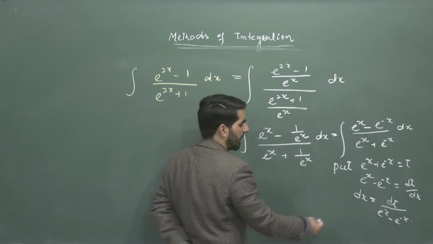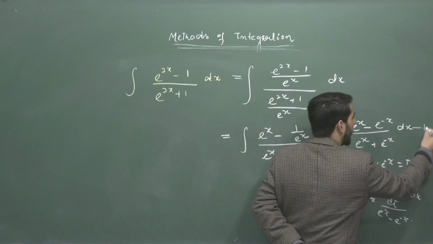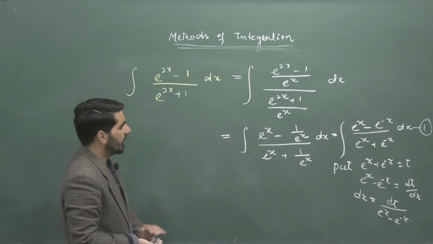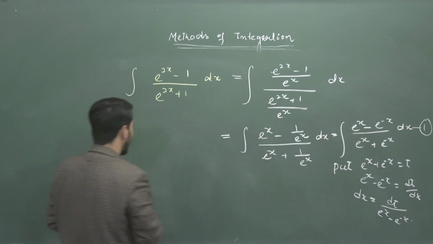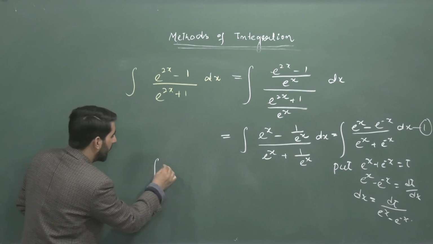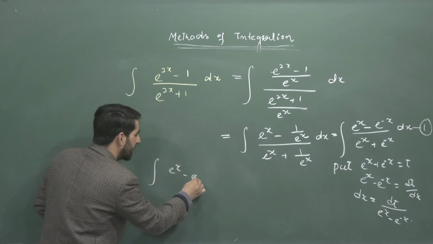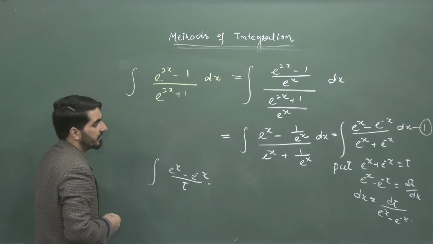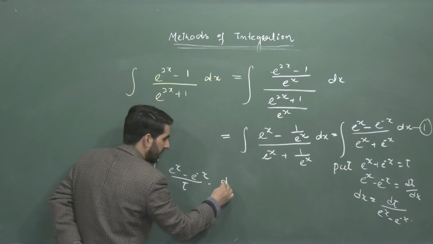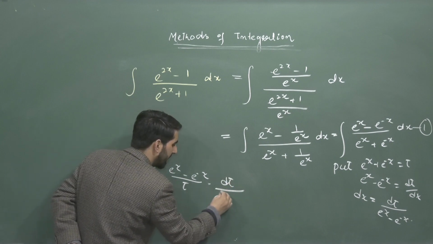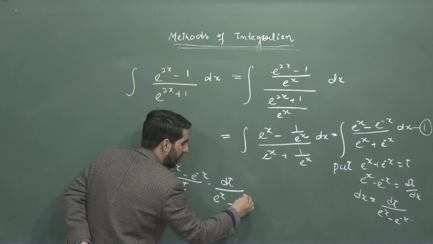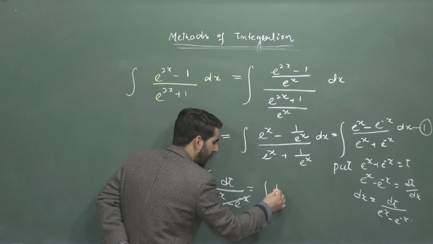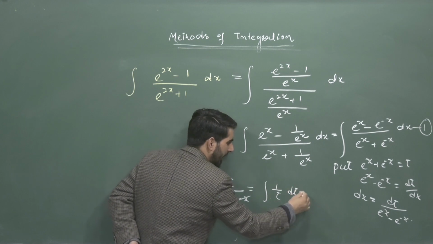So substituting these values in the first, we will get the integral of (e^x - e^{-x}) divided by t into dx, that is dt divided by (e^x - e^{-x}). So this will cancel here, we will get the integration of 1/t dt.